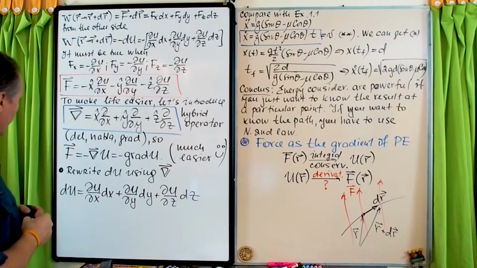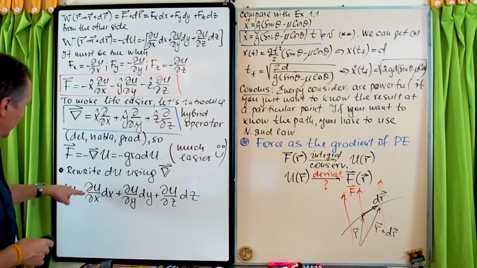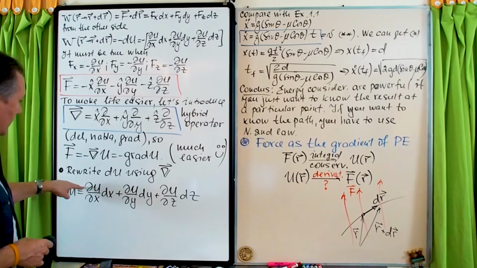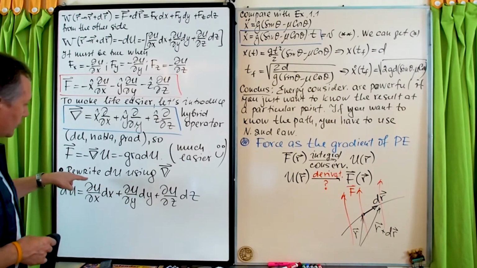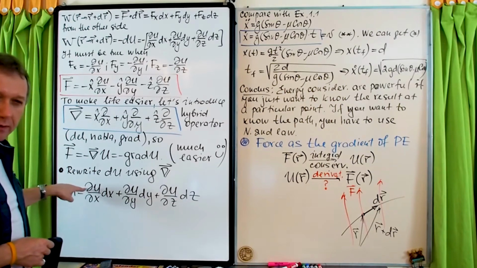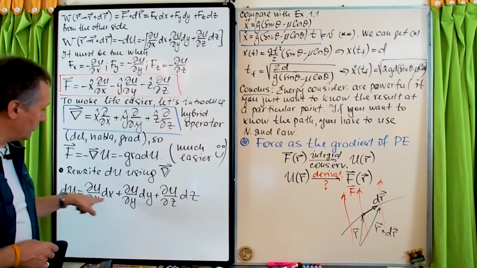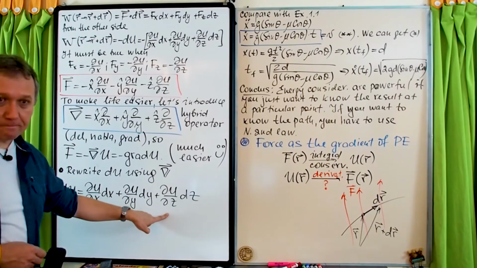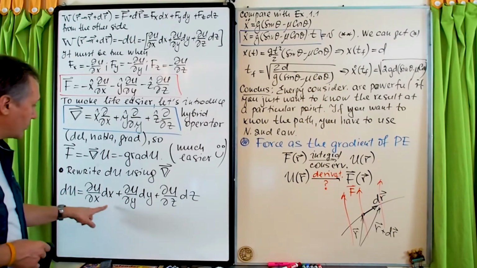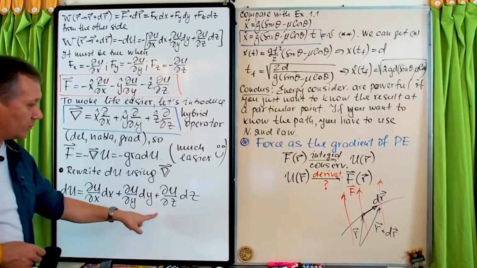So where is our del? It's this. So it will be del U, the gradient of U, taken in a dot product with dr, which is dx, dy, dz.